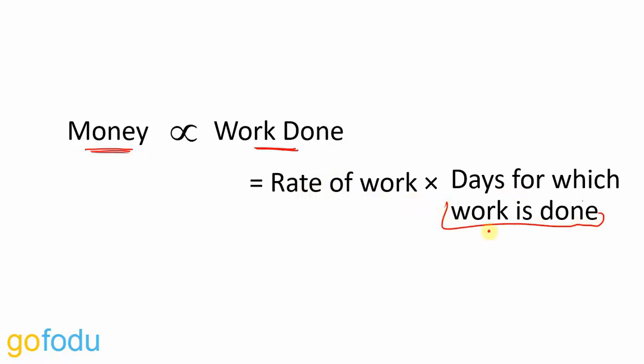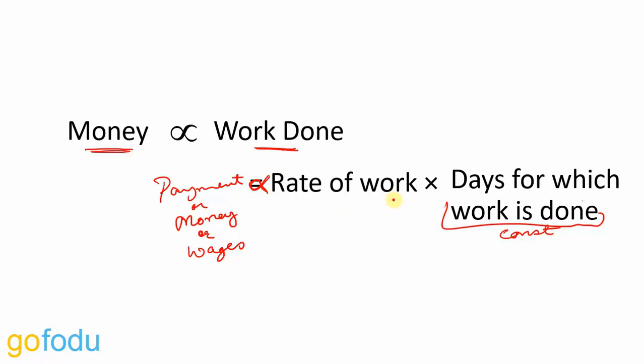If this part is constant, then payment or money or income or wages will totally depend on rate of work of each person. Okay, payment will be directly proportional to rate of work of each individual.